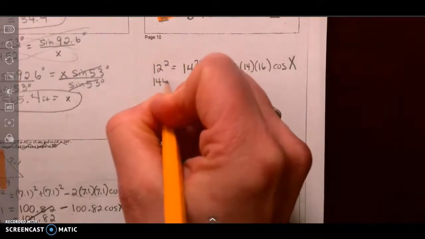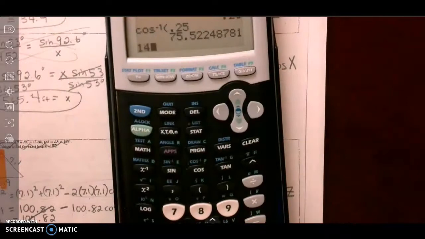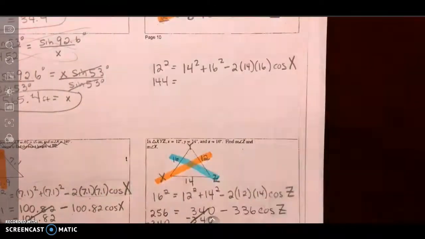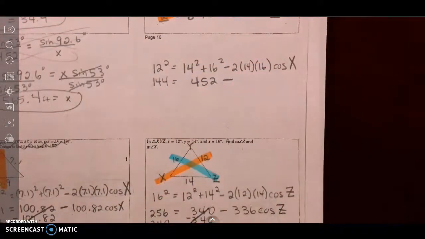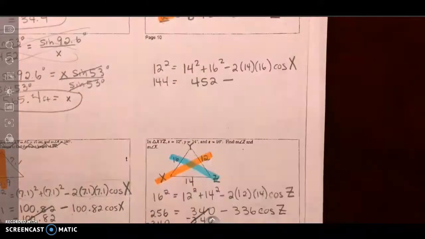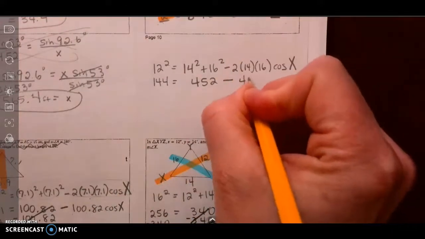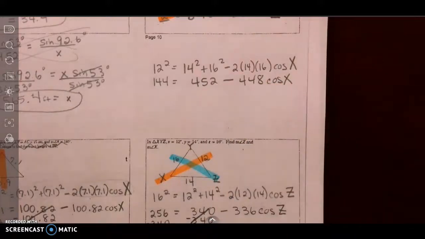I know this is 144. Let's see what 14 squared plus 16 squared is. 452 minus 2 times 14 times 16, 448. Now, when I get to this step, I'm really just like an Algebra 1 equation.